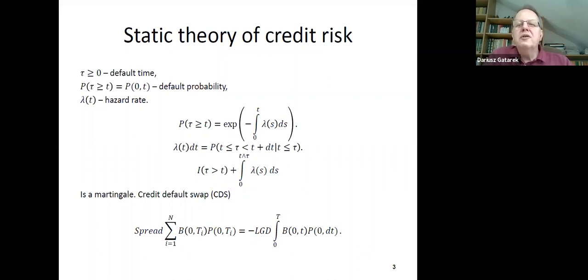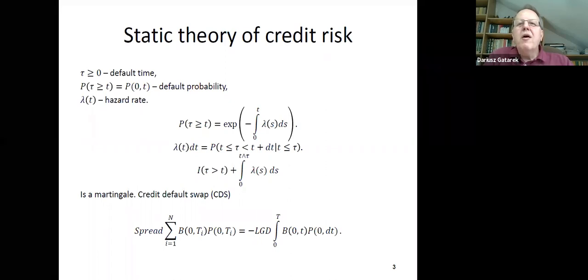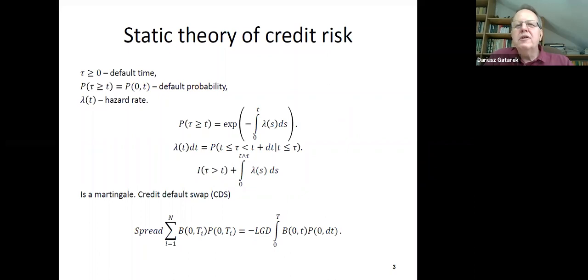So the situation: a non-defaulted bond pays its nominal at the end, so it's an obligation. When a company says we are not able to pay the full nominal, we will pay you something, not speaking about the interest, it is called default.